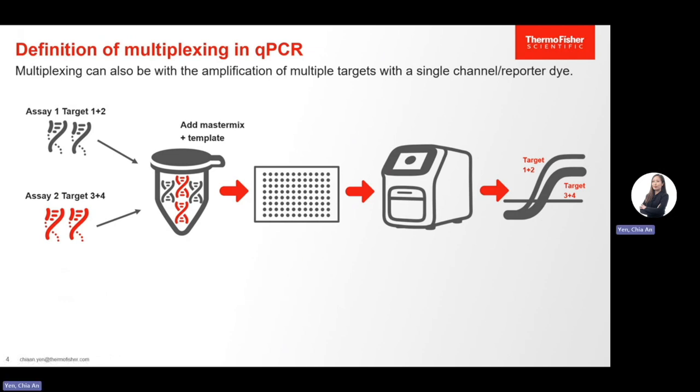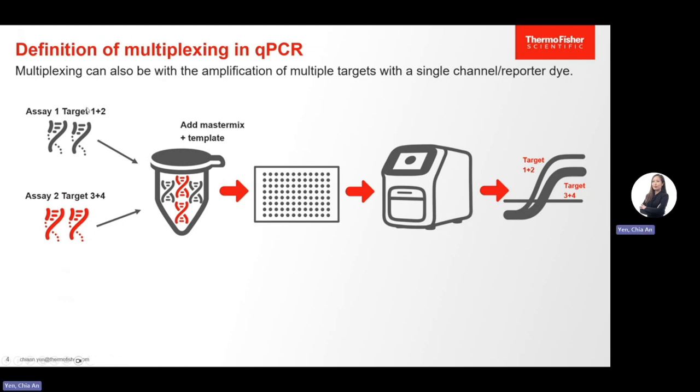Now let's turn our attention to a different multiplexing scenario where you might not care about distinguishing the signal coming from 2 different targets. In this case, we have 2 assays: assay 1 targeting targets 1 and 2, and assay 2 targeting targets 3 and 4.